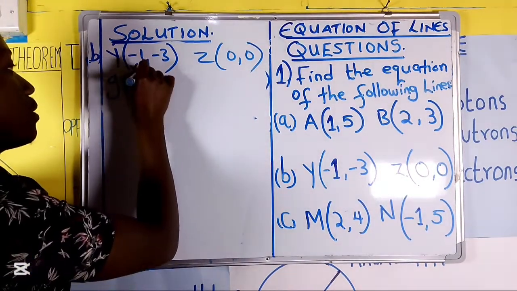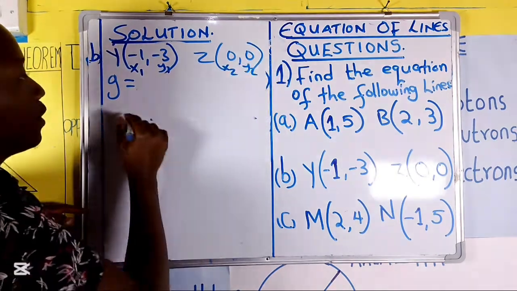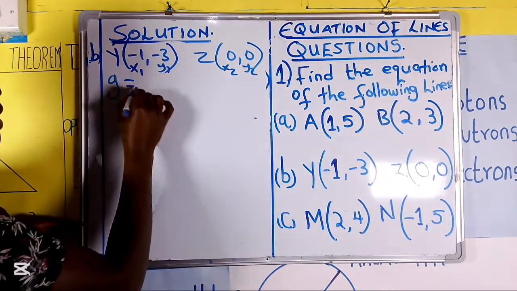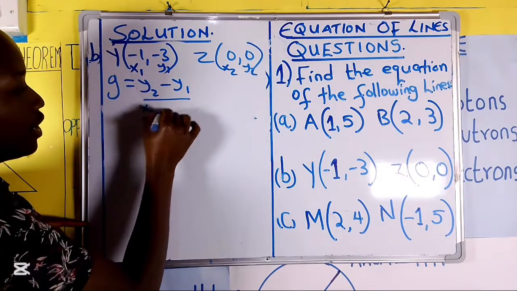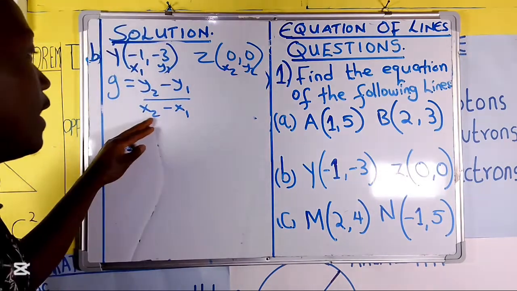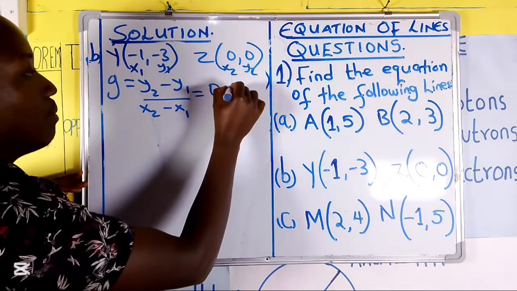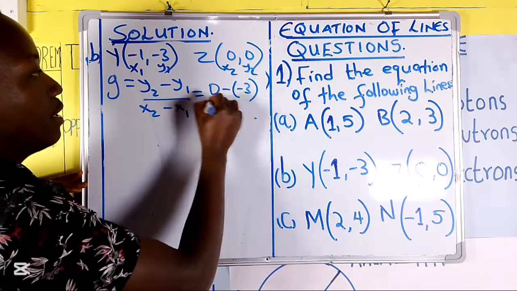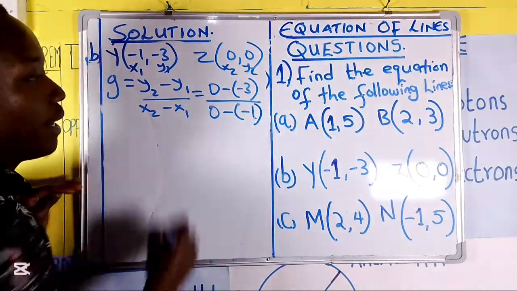So we say this is x1, y1, x2, y2. This is going to be 0 minus minus 3 over 0 minus minus 1.